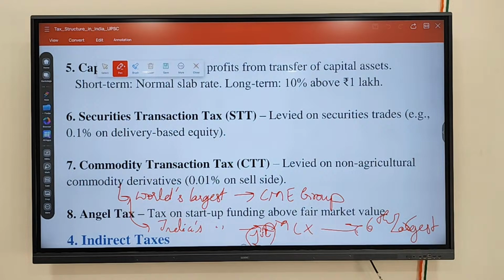Have you written gold, silver, crude oil, natural gas? Electricity also. Aluminum, nickel, copper, lead, zinc, all those will be traded.